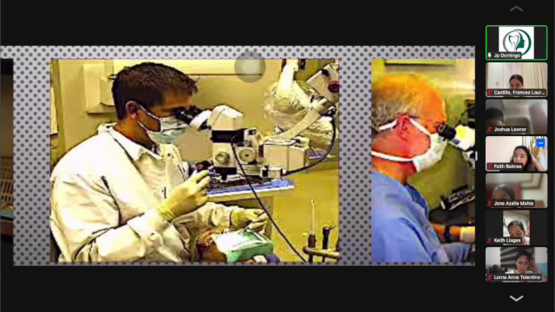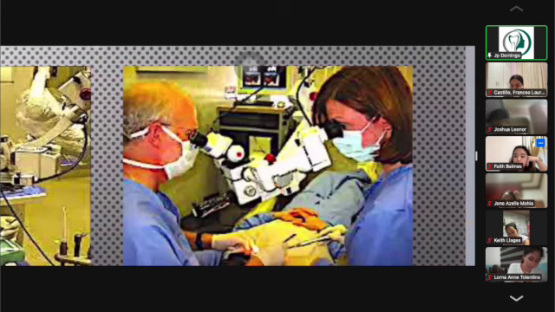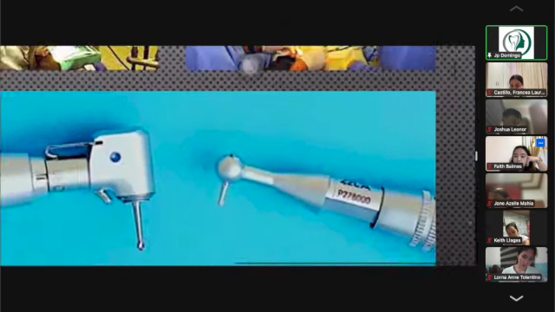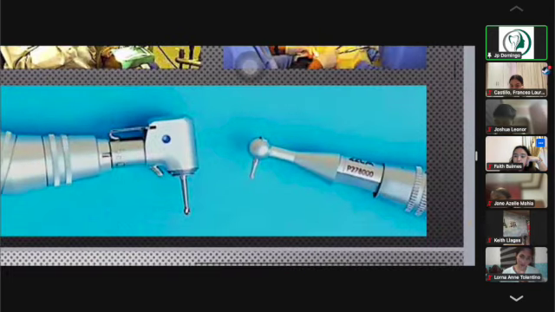And this now demonstrates how it is used by both the surgeon and the assistant. And between them, the comparison between a surgical handpiece with a standard size head and a surgical handpiece with a miniature head.